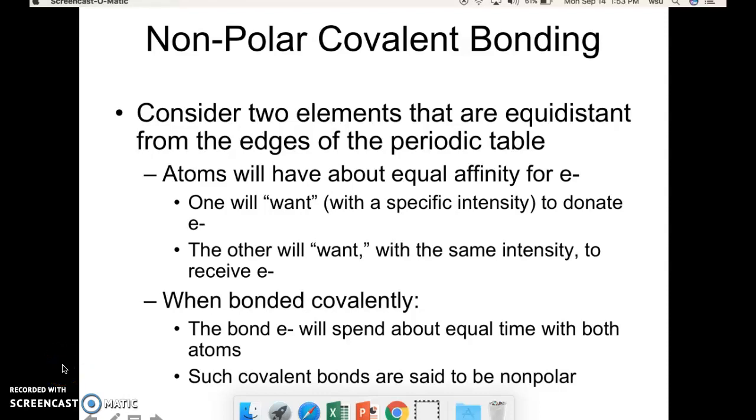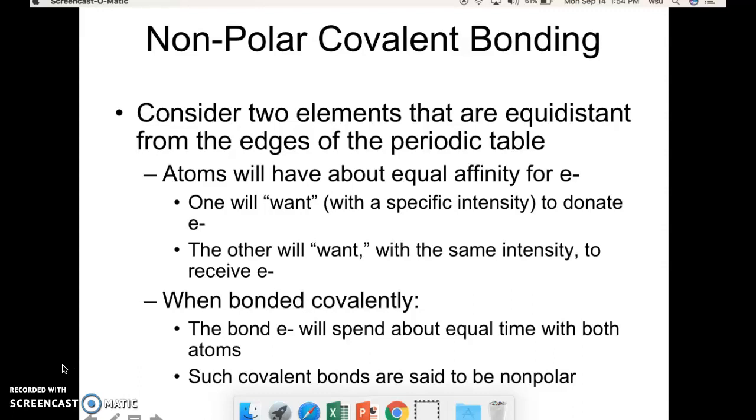So just to recap, we're talking about covalent bonds, where atoms like to share their electrons in the outer shell that were originally unstable and didn't meet the octet rule. Nonpolar covalent bonds are basically two elements that are equidistant from the edges of the periodic table.